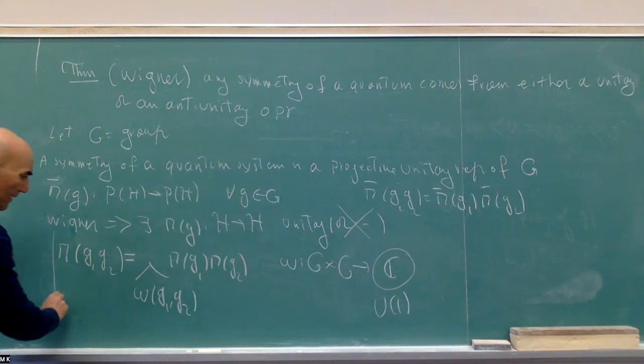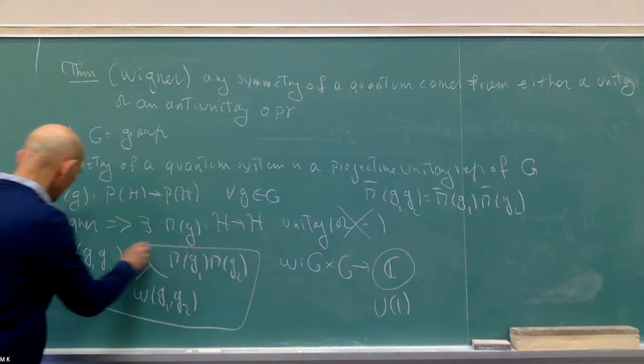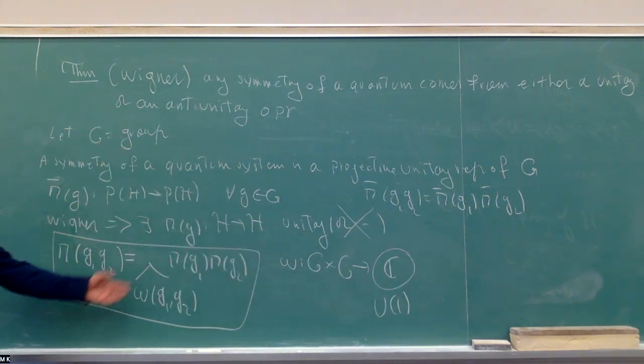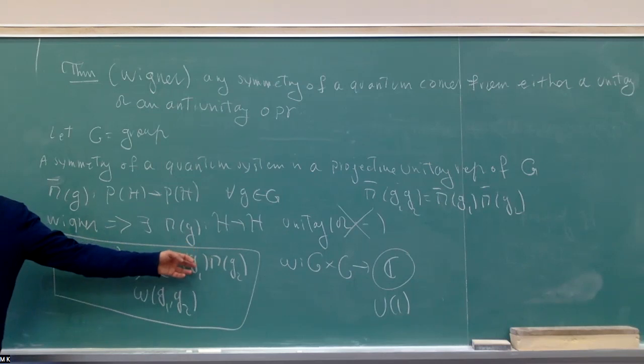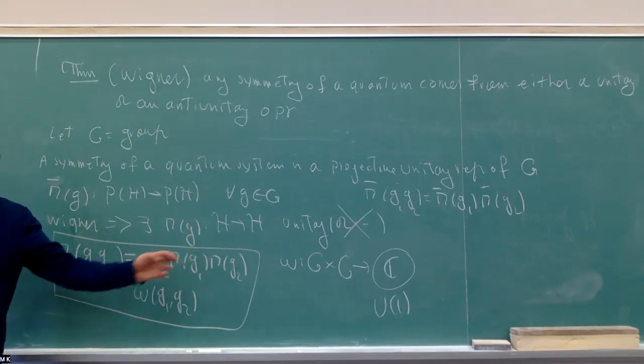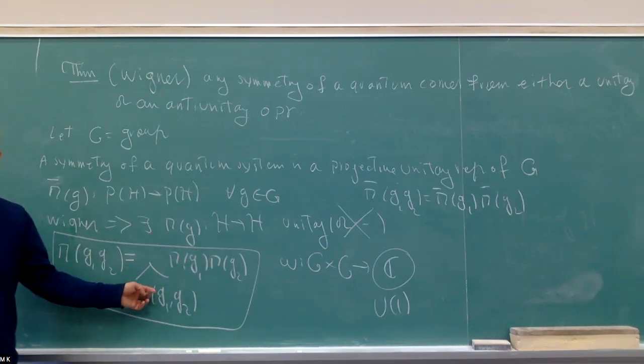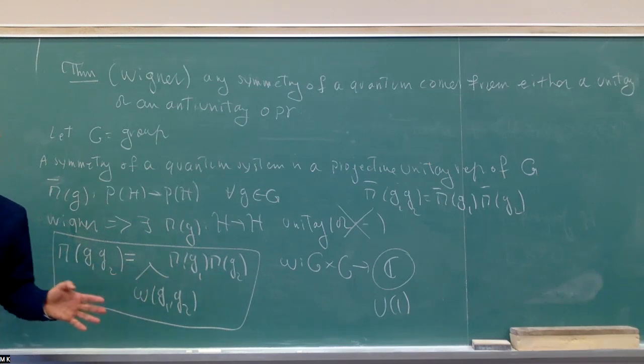Okay, so that's the thing, right? Now, there are several issues: whether this lifting or choice of this pi G can be done in a continuous manner for all G in a uniform manner, and whether this omega is a continuous or measurable or a smooth function or not. But we just bypass those issues.